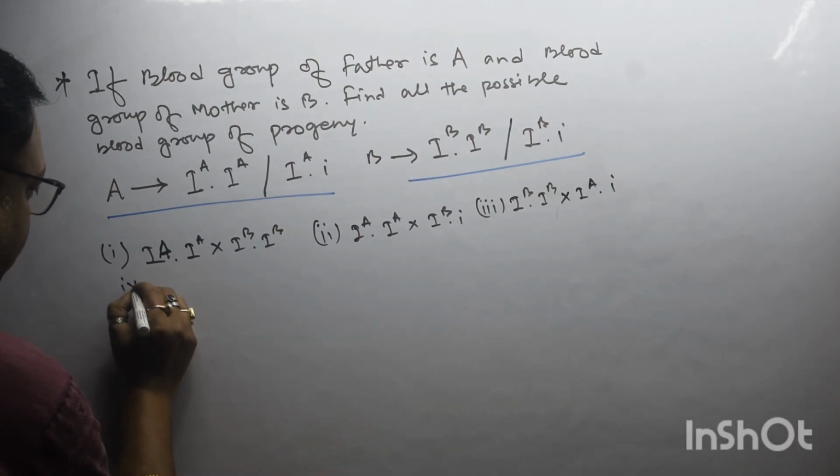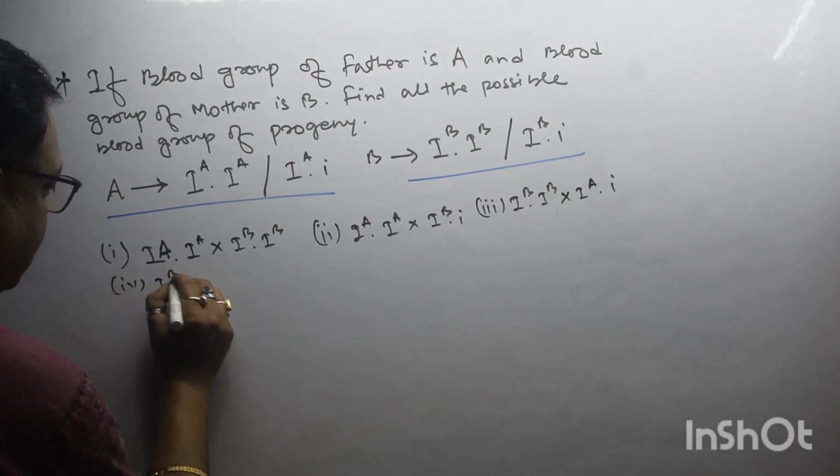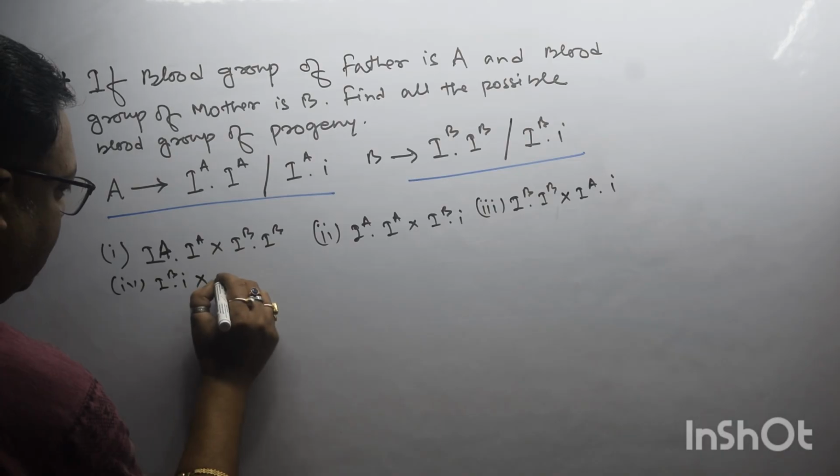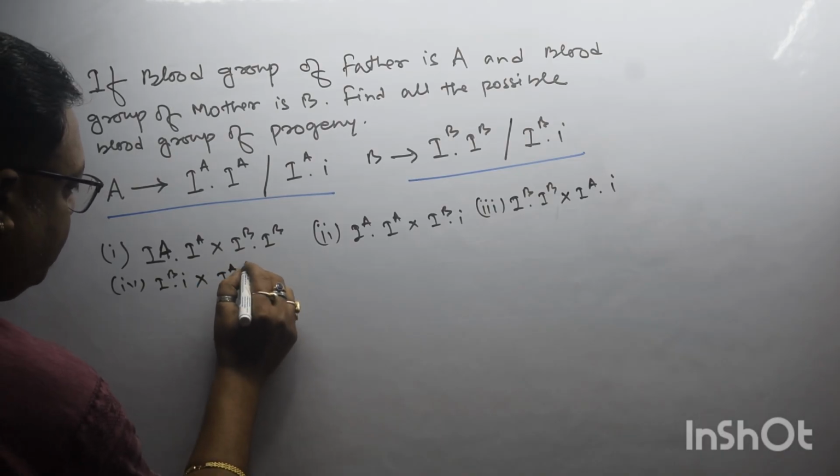And the fourth one will be IB small i into IA small i.